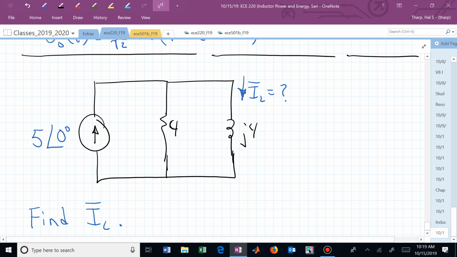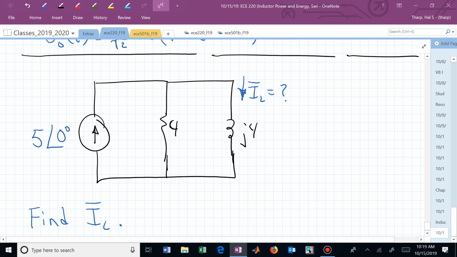If you now said, wait, I'm not yet ready for chapter 9, how would you view this problem? As an R1 and an R2 in parallel with a current source. And what would you expect to happen? You put some current in and it has to decide, am I going down this path or that path? It has to decide how it's dividing, right?